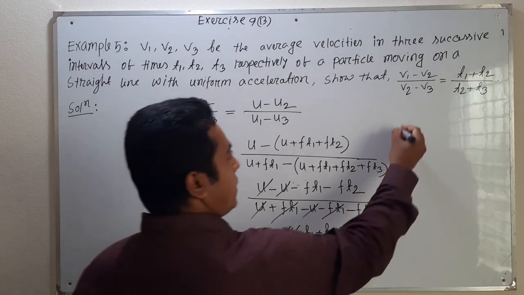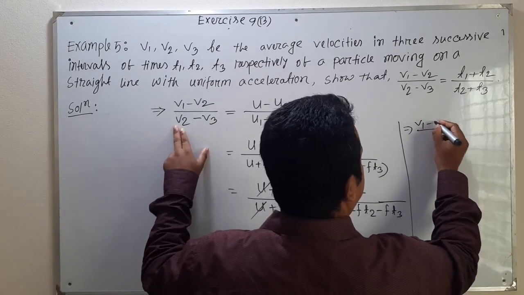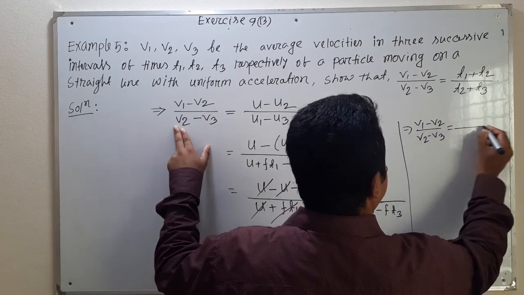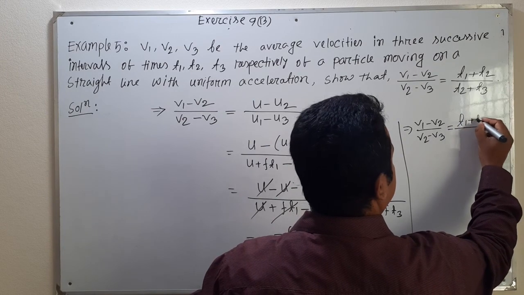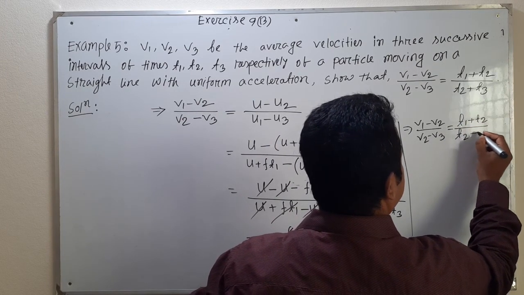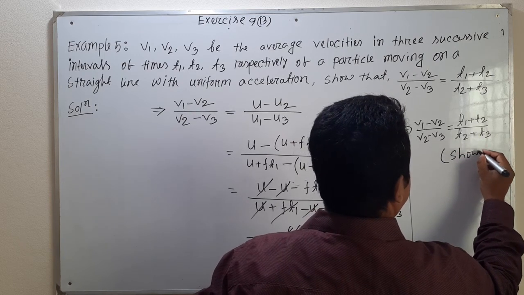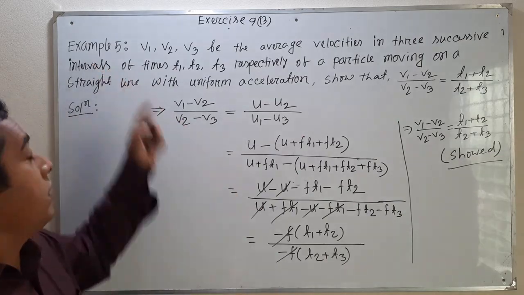So we get V1 minus V2 over V2 minus V3 is equal to t1 plus t2 over t2 plus t3. This is our proof. Okay, this is example 5.